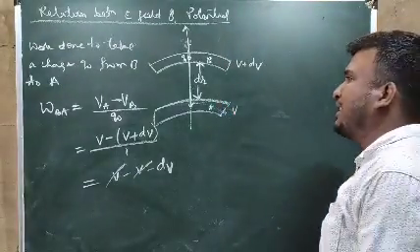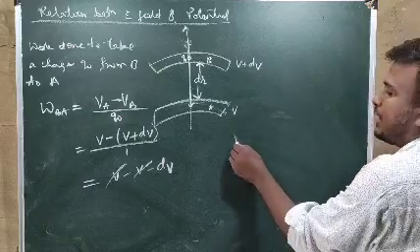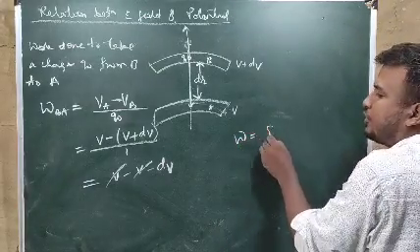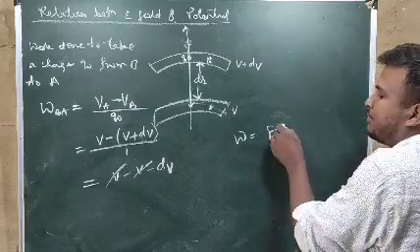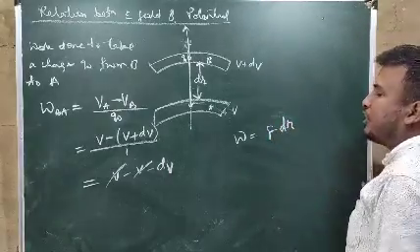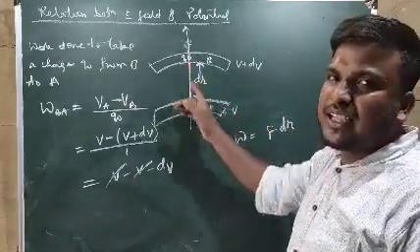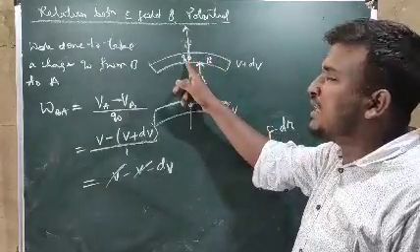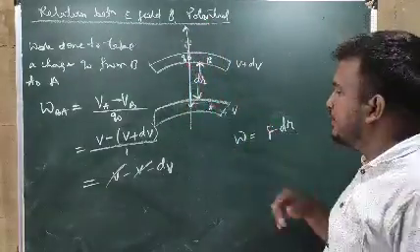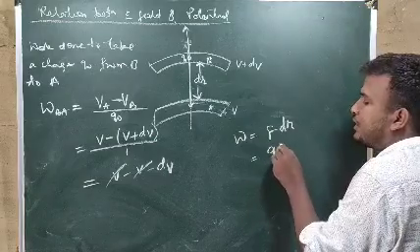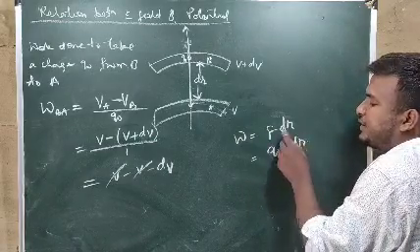But work done is equal to what? Work is equal to force into displacement. The force is F and displacement is dr. You see this charge Q naught is placed inside the electric field. If you put a charge Q naught inside the electric field, the force experienced by the charge is Q naught E, and this dr will be there.